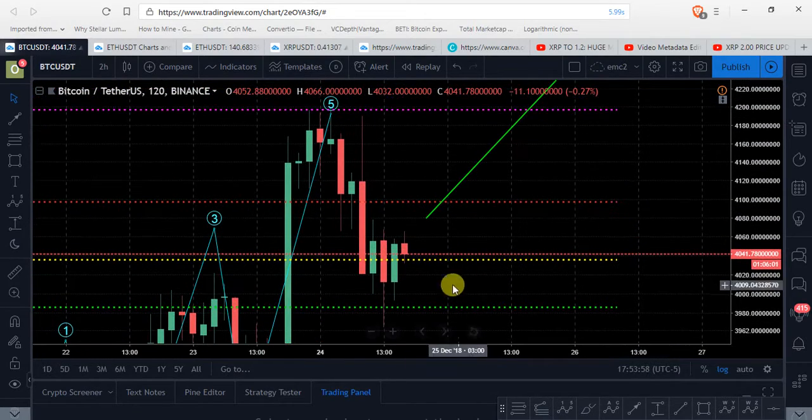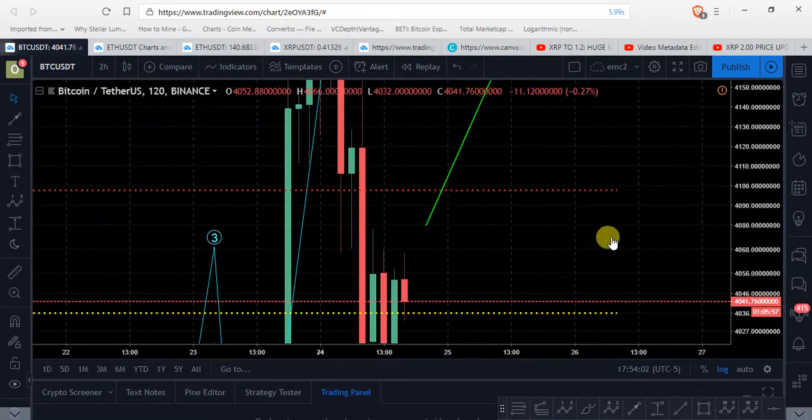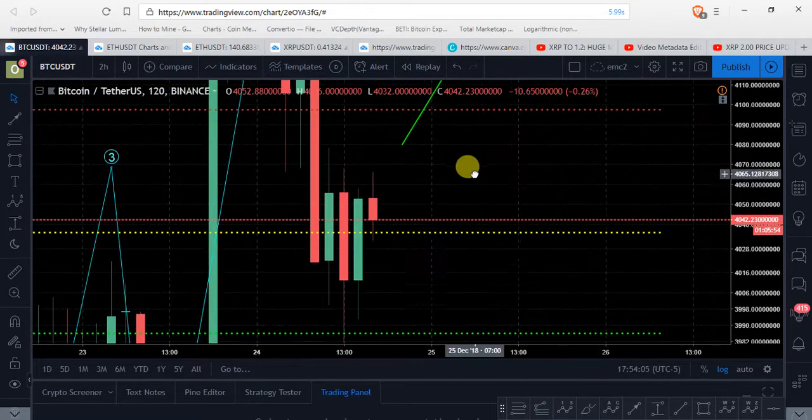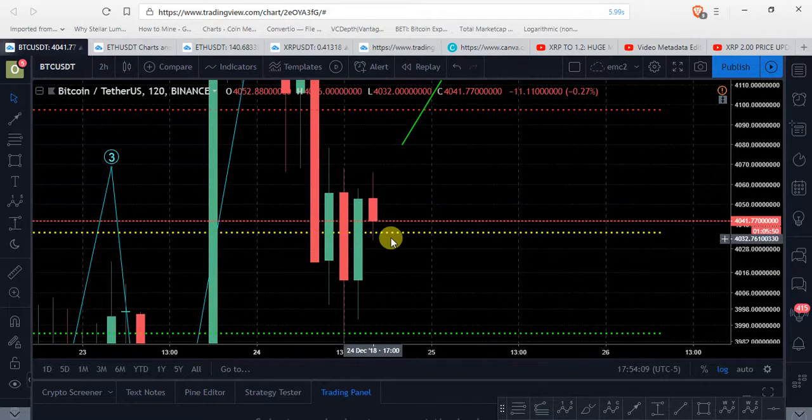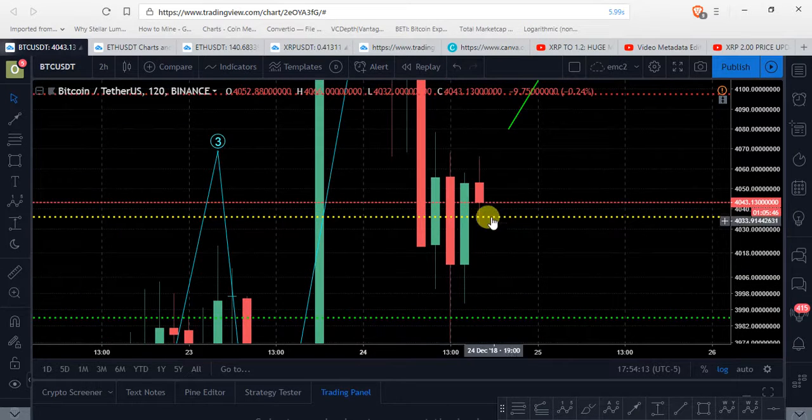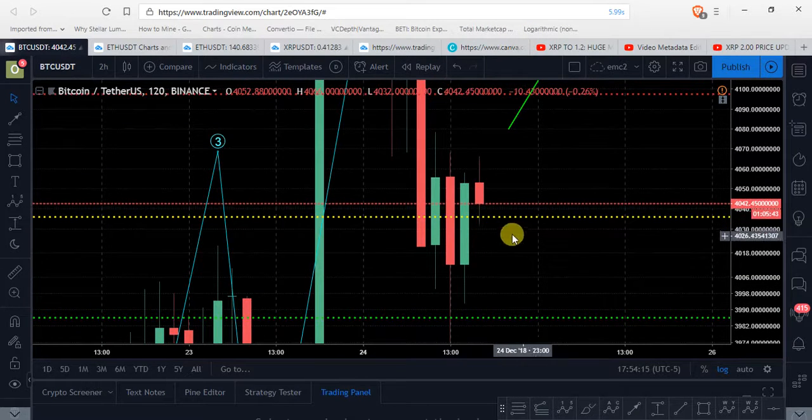So you're most likely going to get rejected by this yellow line. Take a look at it, it's just very volatile. That's all it is. You're just going to get rejected by this 382 because most people are watching this line. So most traders are going to be buying from this area. That's it.